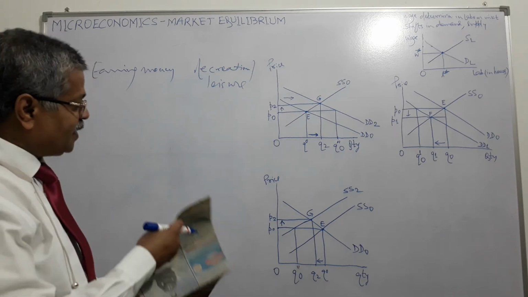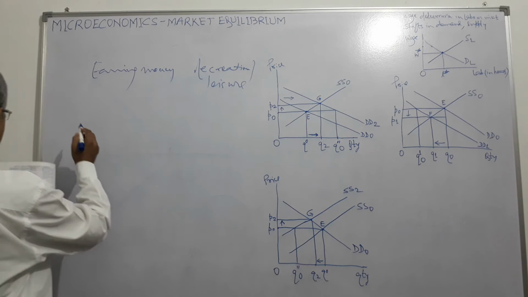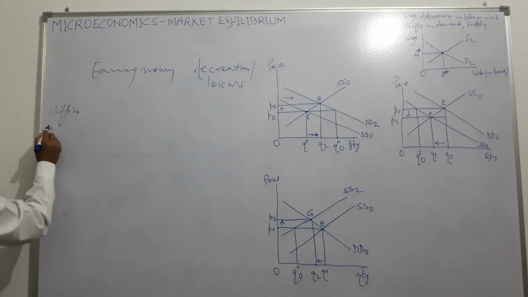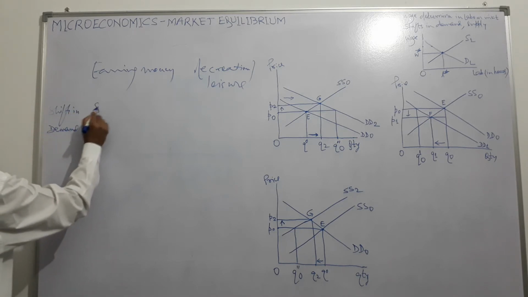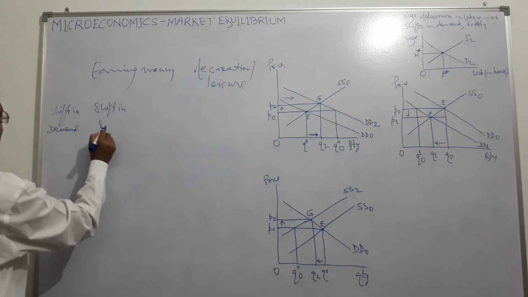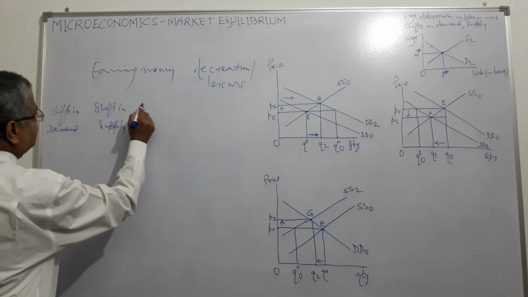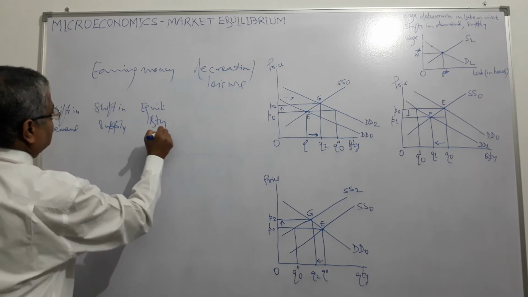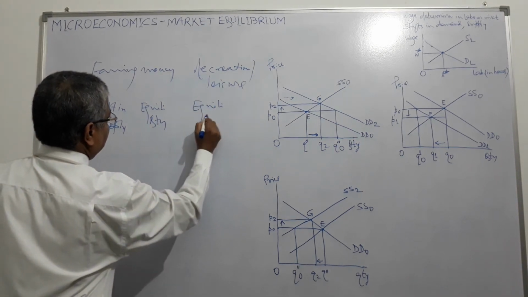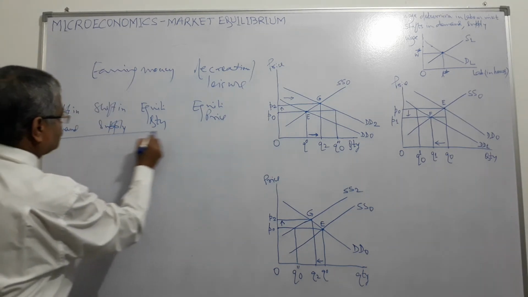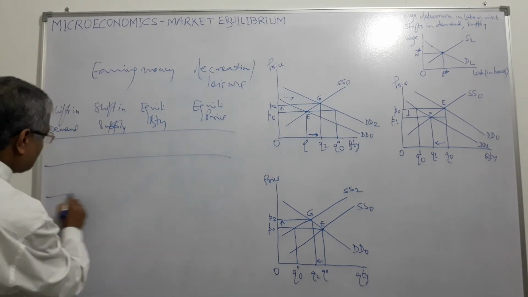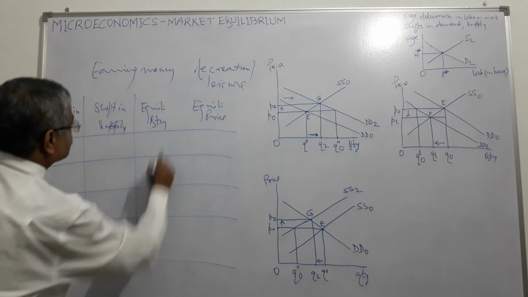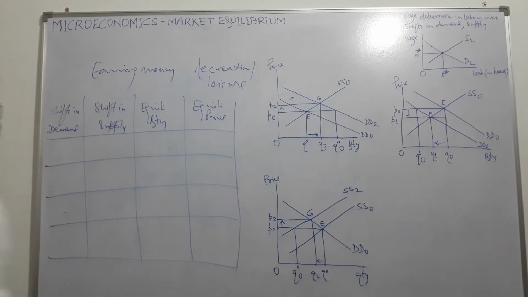So it can be explained in a very simple way here. Demand, supply, shift in demand, shift in supply, equilibrium quantity, and equilibrium price. So here there will be four situations.